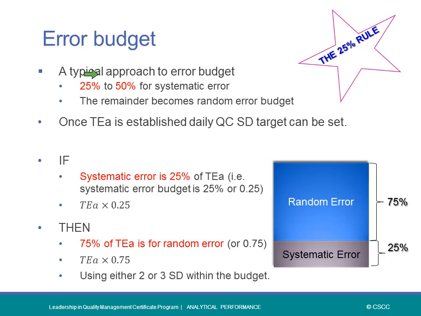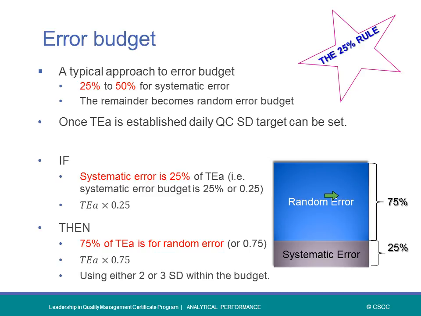Now, if we assume that the relative total allowable error is 100%, if 25% is assigned to systematic error, then 75% of the error that remains within that total allowable error can be assigned to random error. And that component that remains with random error certainly can be further divided up in terms of number of standard deviations.